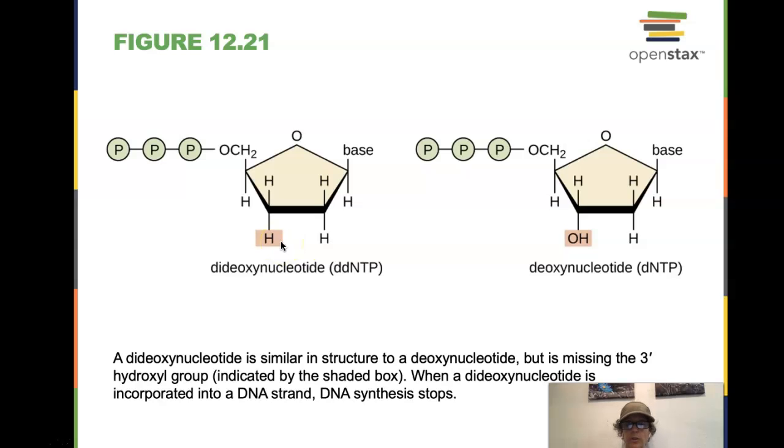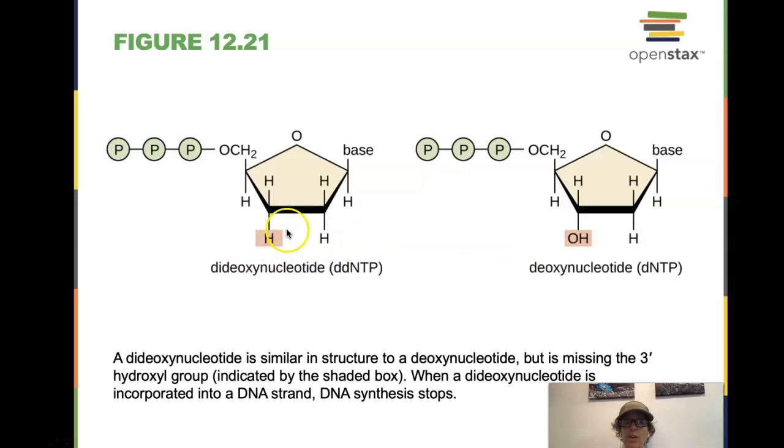This is useful in DNA sequencing because when we do make a polymer of DNA, we rely on this 3' OH being available for the DNA polymerase to add the next nucleotide.